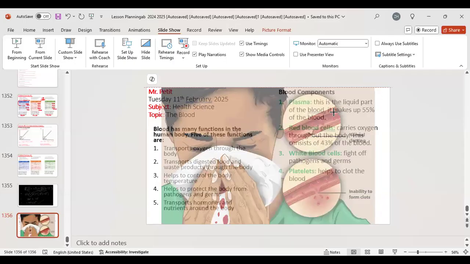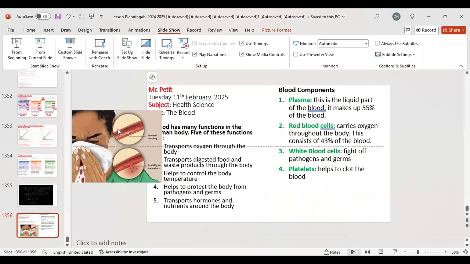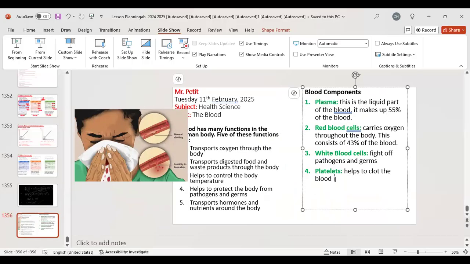Then platelets. That's it: plasma, red blood cells, platelets. And the blood vessels? No, blood vessels are not part of the blood. It's like a pipe, the vessel through which the blood flows.